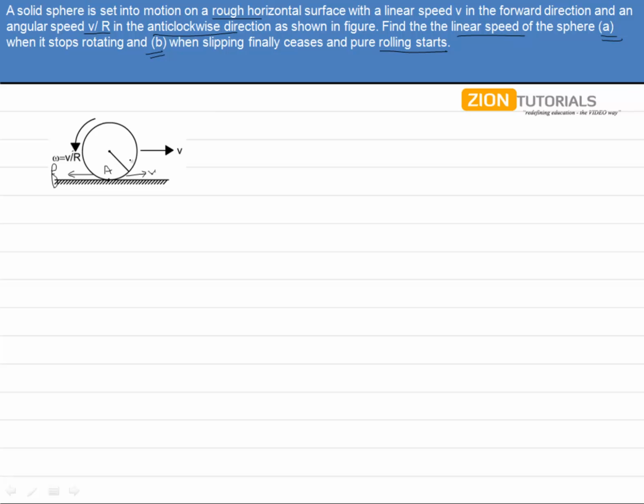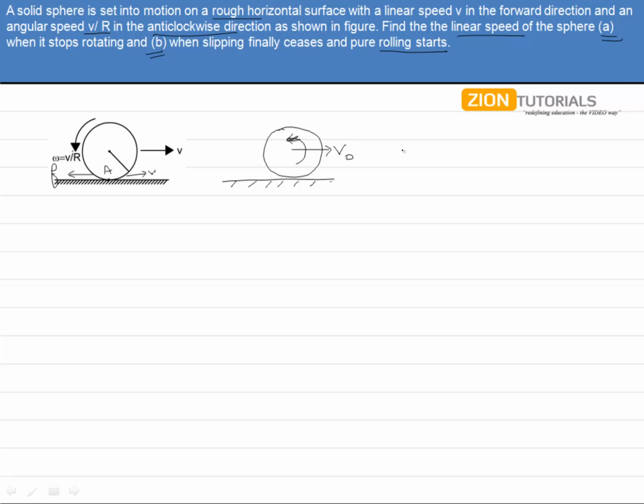So ultimately what happens is that once it stops slipping, it will have only an anti-clockwise rotation, and the velocity of the center of mass will be some v naught, and it won't be rotating.